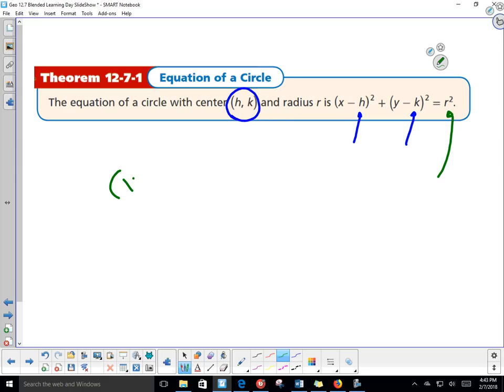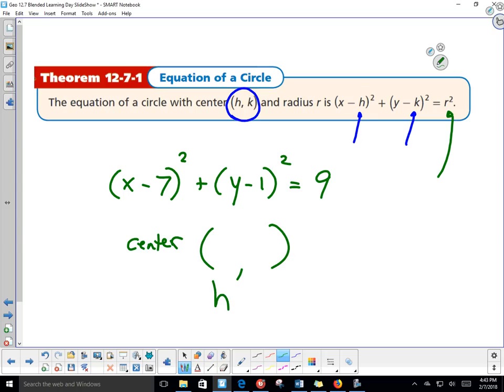So just a quick example. If I say (x minus 7) squared plus (y minus 1) squared equals 9, then we can see that the center of the circle is going to be what?